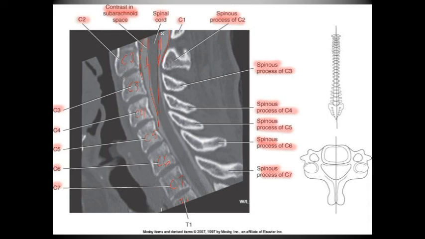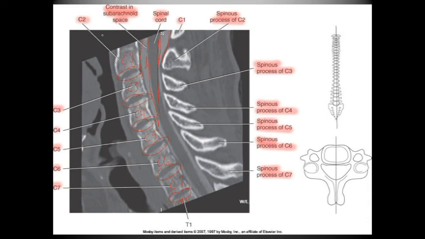We can see that we have the bodies, we have the intervertebral disc, and this contrast inside of subarachnoid space actually allows us to see whether there is any significant disc bulging, and if there is, to what degree. And as you can see, there might be a slight disc bulge, but not much at all.